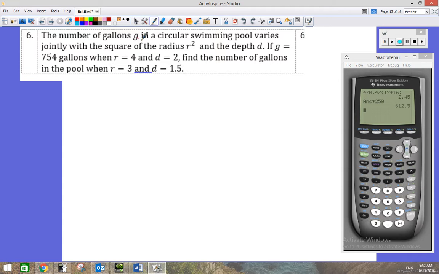The number of gallons G in a circular swimming pool varies jointly with the square of the radius and the depth. Jointly, we're expecting multiplication, but with more than one variable that follows. We've got R squared and then the depth D. They give me enough information next to determine the constant.